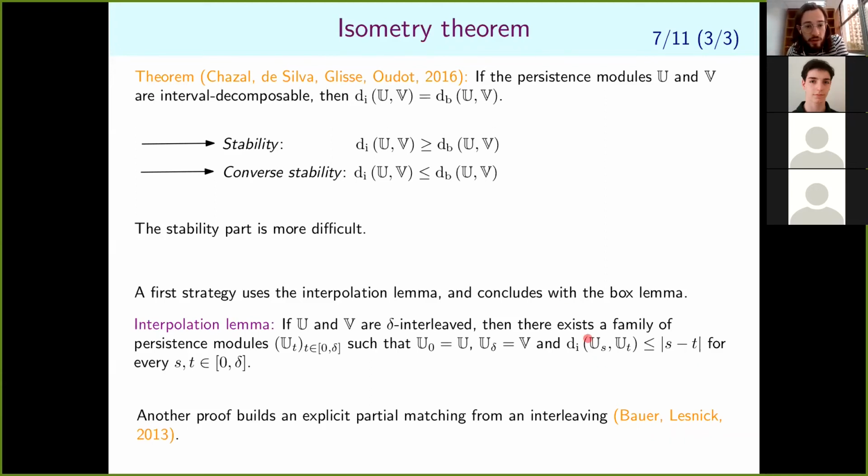We have something called the box lemma, which basically says that the stability is true locally. And if the stability is true locally, thanks to this interpolation lemma and using the compactness of 0 delta, we deduce that the stability is true for the actual persistence modules. So this is the idea.